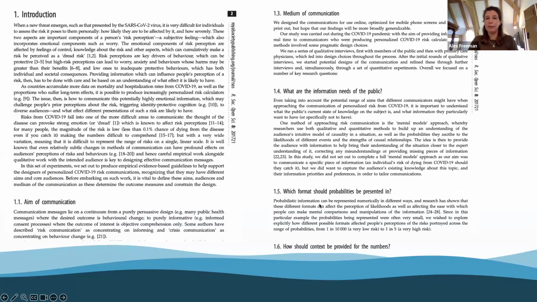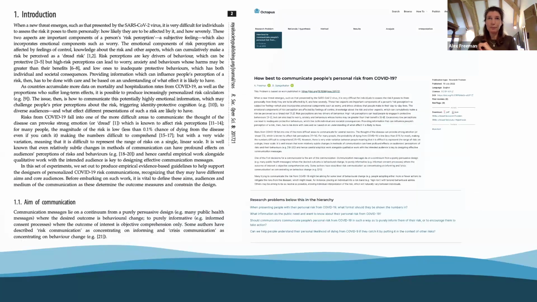So when I wanted to publish this on Octopus, this first general introduction was a problem of its own: how best to communicate people's personal risk from COVID-19. Here on the left-hand side is the paper, and here on the right-hand side is the Octopus publication.